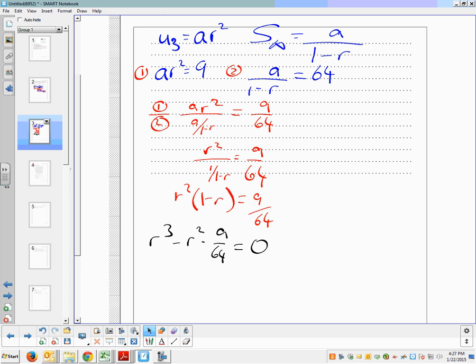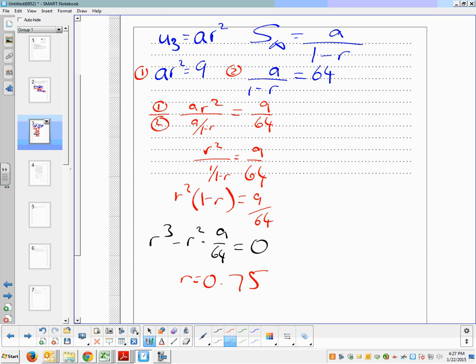I've typed that wrong, so I'm typing it again. Graph it. You get 3 answers because it's a cubic, potentially. And then just solve. Find the roots, and it gives you the answer that r is 0.75.